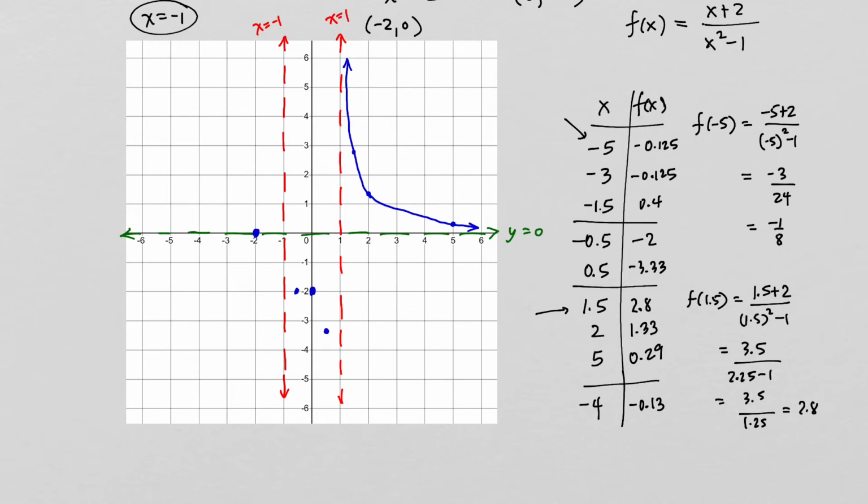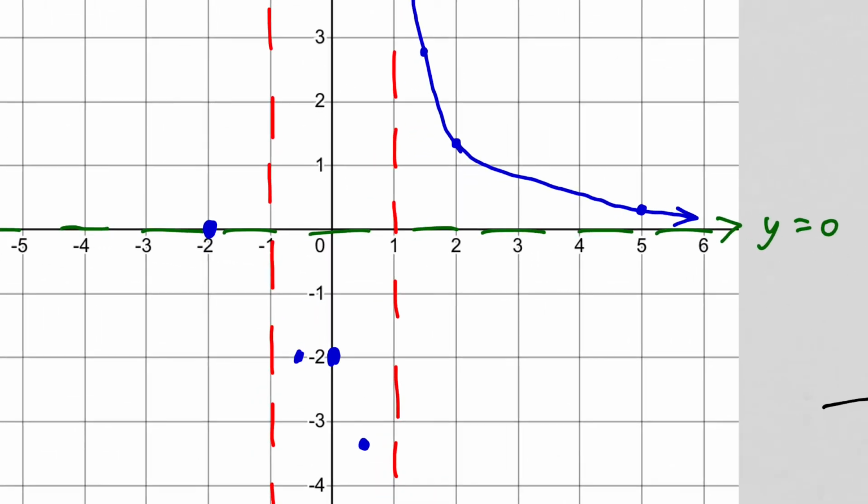And so this is kind of strange. We don't really know what's happening there. So what you could do here is you could plug in another value in between negative 0.5 and 0. And that value would be maybe a value like negative 0.25.